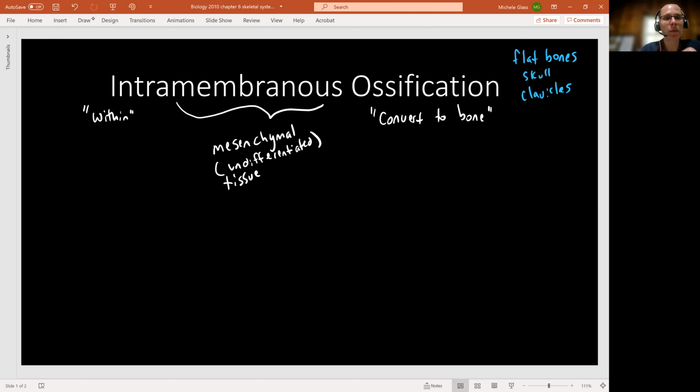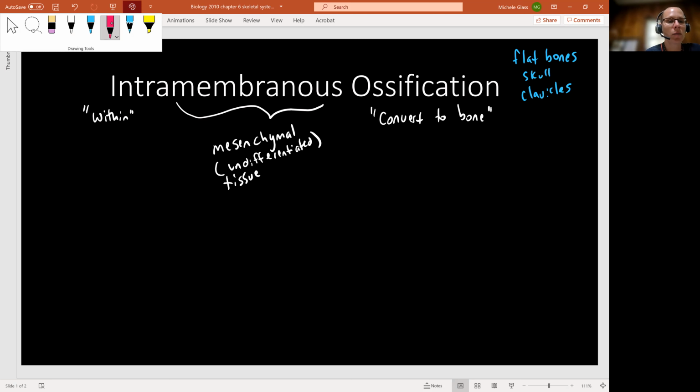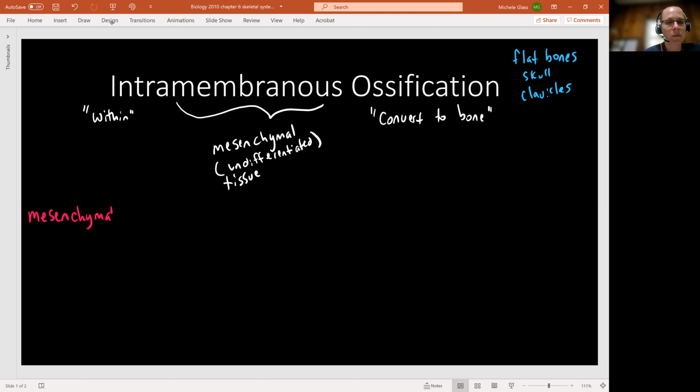Okay, so let's write this out into steps. So let's start with our mesenchymal cells. They are going to gather, so group together, and they begin to differentiate. So if mesenchymal tissue means undifferentiated, it's not designated yet, we see that at the beginning of this process, they start to sign up, if you want to say it like that, for a particular job.